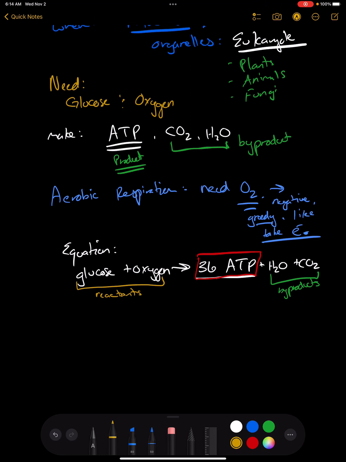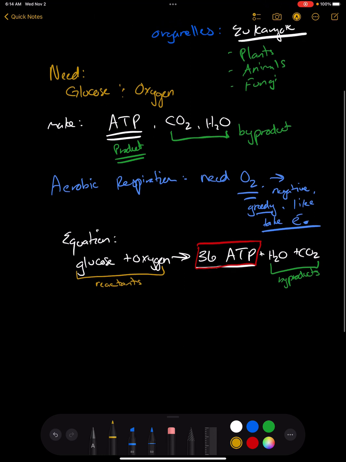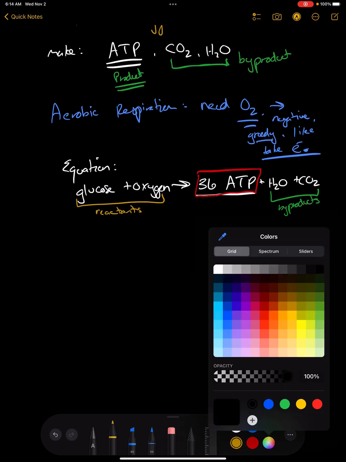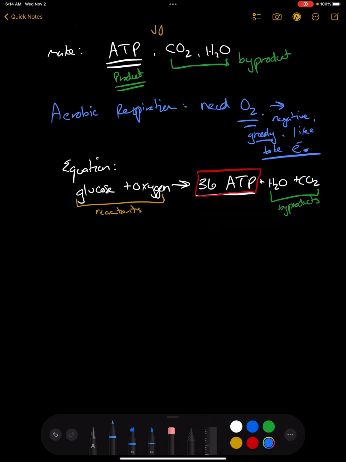Now, as far as aerobic respiration goes, I actually get to do this in 3 stages, okay? My first stage is called glycolysis.